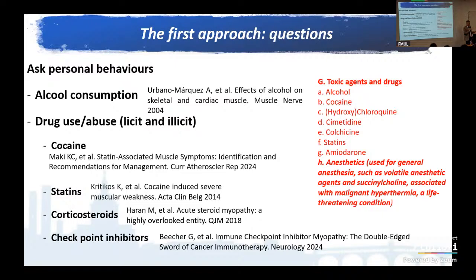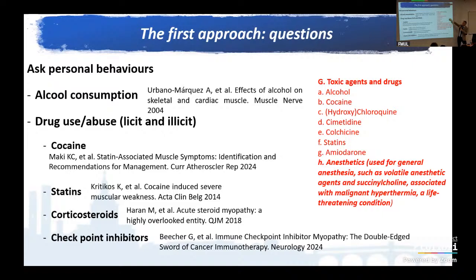Corticosteroids, because we also have induced steroid myopathy. And also checkpoint inhibitors. This is a rising problem because checkpoint inhibitors are important in our daily practice, but they can lead to the occurrence of different rheumatologic problems. Also myositis, also interstitial lung disease for sure, but we have more evidence about the possible occurrence of muscle involvement.